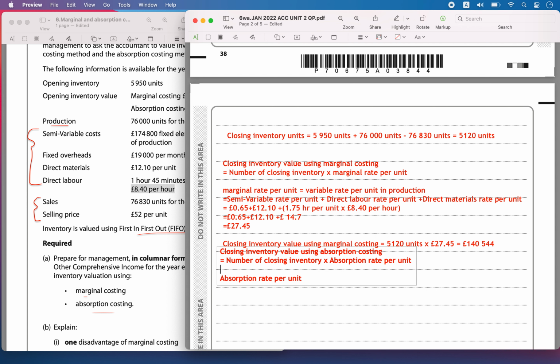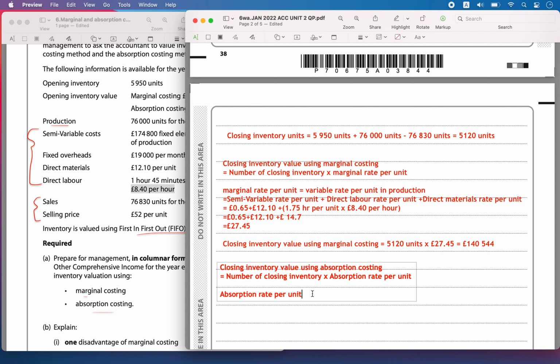So the absorption rate per unit is going to be equal to the fixed cost plus variable cost in production, divided by the total number of units produced.